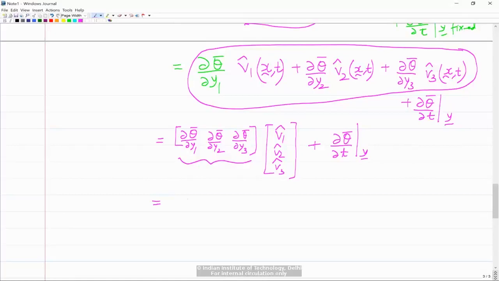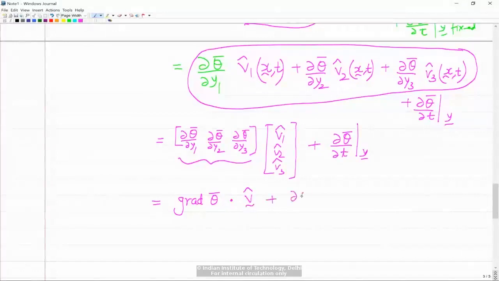So, therefore, you could either write it as, let me write this small g grad theta bar. Okay? And this is then multiplied, or you see, it's also a dot product, no? A vector dotted with the velocity vector, v hat, isn't it?